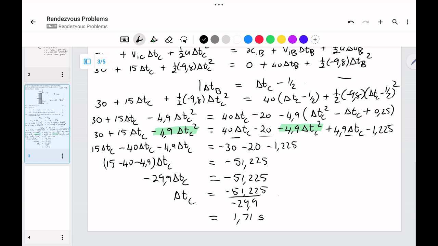You could have done it the other way around, but then when you get to the end after solving this long equation, you still have to go back into whatever you wrote over here and solve for the other time. Okay, so that's that problem.